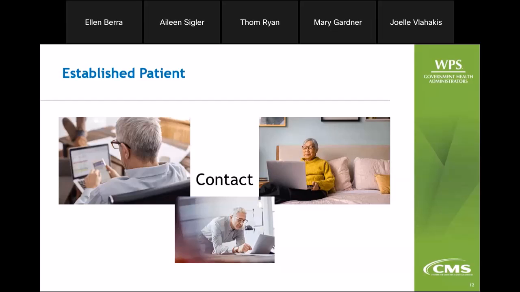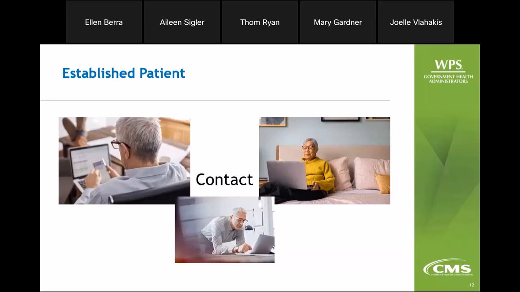Again, paying for CCM for a year is going to be less than paying the deductible for a hospital inpatient. You can take advantage of that G0506 procedure code when you're doing the comprehensive assessment and care planning.